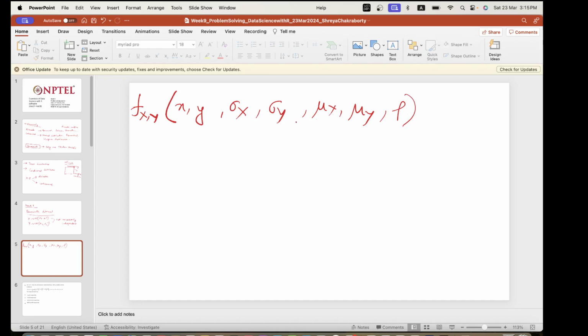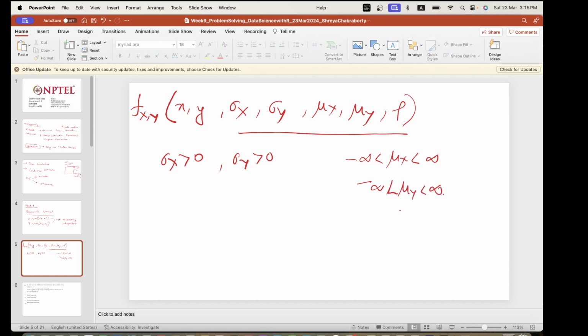What are the ranges of these parameters? Sigma x has to be greater than 0, sigma y has to be greater than 0. Mu x can be anywhere between minus infinity and infinity. Similarly, mu y can also range from minus infinity to infinity. And rho, the correlation coefficient, can only range from minus 1 to plus 1.